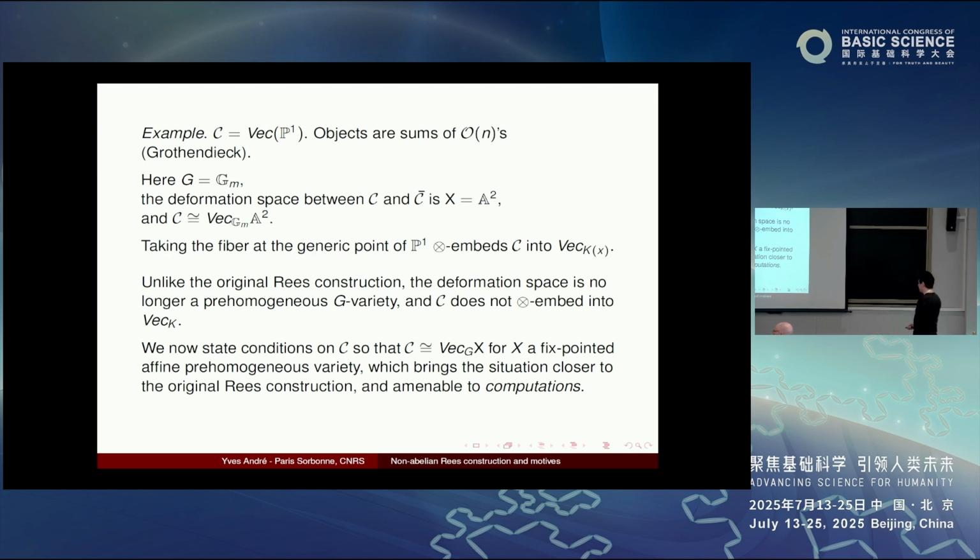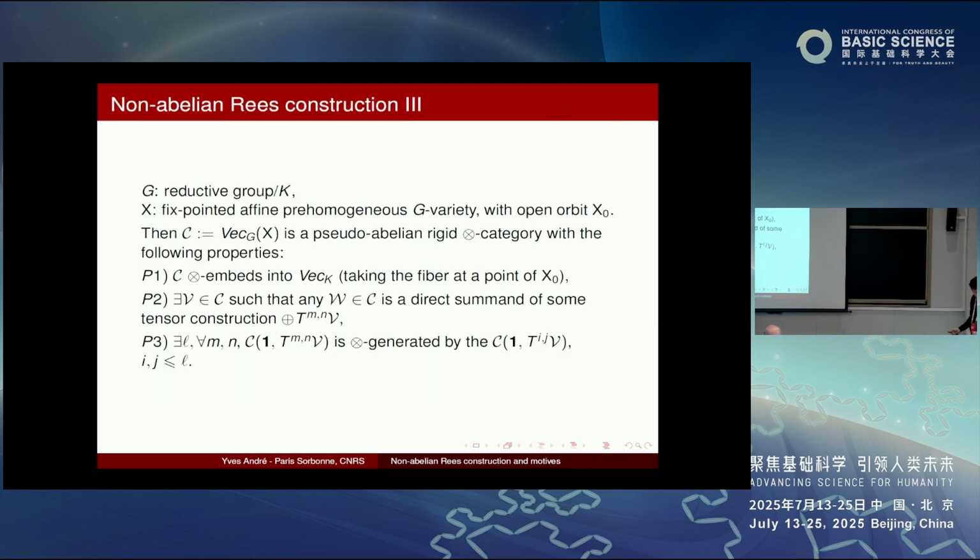So now here is the set of conditions. We start with a reductive group over K. We give ourselves a fixed pointed affine pre-homogeneous G variety X with open orbit X naught, which is naturally a homogeneous G space.